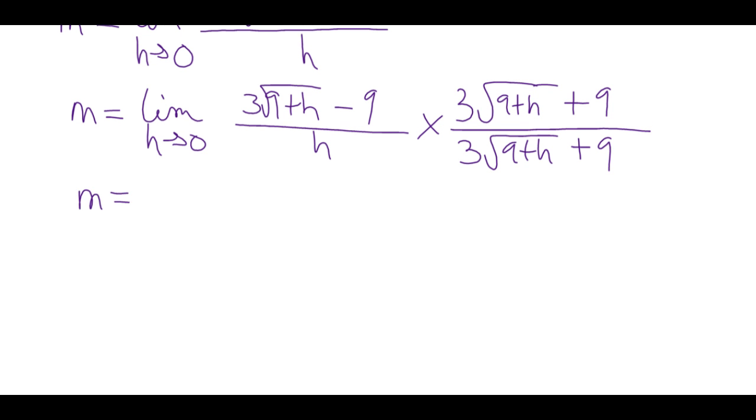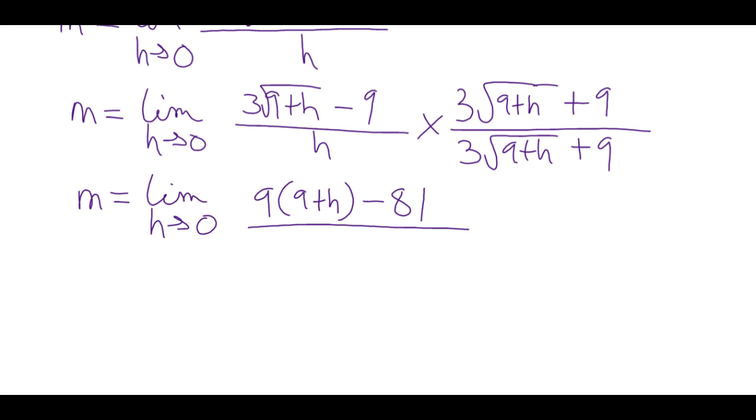I don't know why I'm still writing m equals, although it is, but. All right, what do we got? How do I want to write it? I'm going to go 9 times 9 plus h. Let's start out like that. So you just end up with an h on top of it.